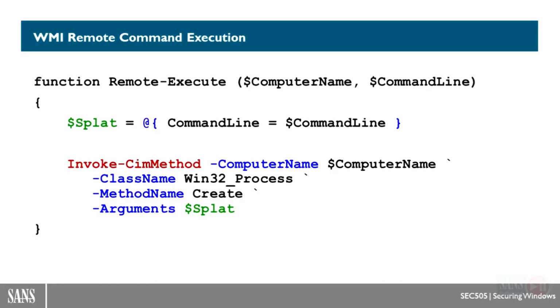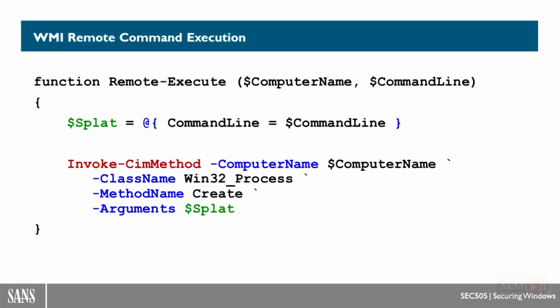And each item in a hash table is a pairing. So to the left of the equal sign is the key, to the right is the value. And in this case, we're using the splatting technique. So CommandLine, that's the name of a parameter, and the command line, well, that's an argument being passed into the function. And now notice, we're using Invoke-CimMethod again.